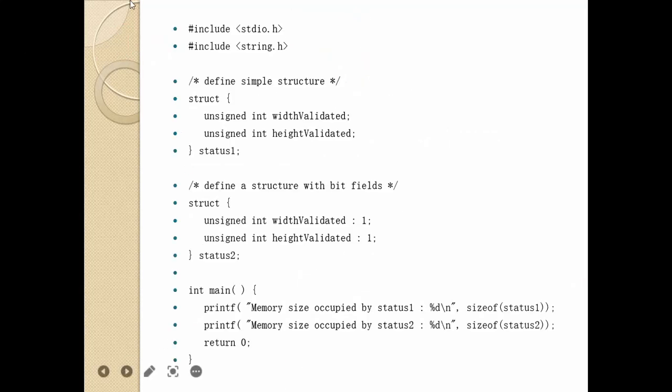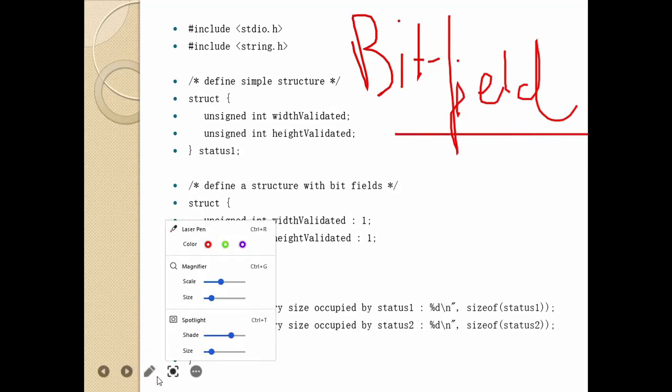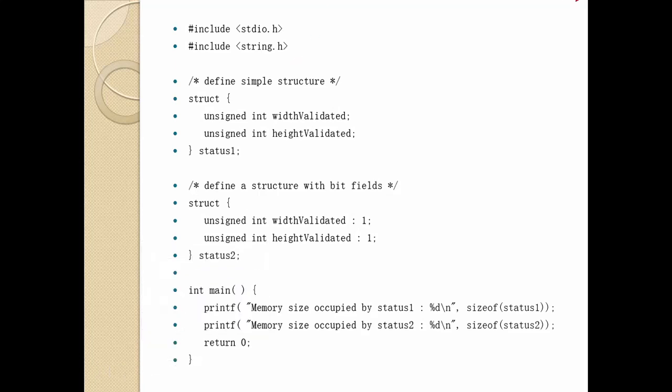Apart from that, we have the bit field concept as well. So this is the bit field concept. If we try to understand it using the concept of structures, then it would be quite easy for us to understand. So let me write, it is bit field.